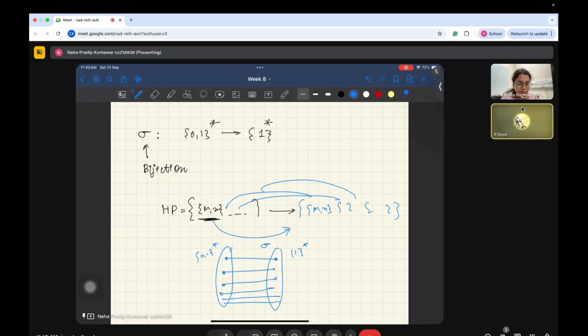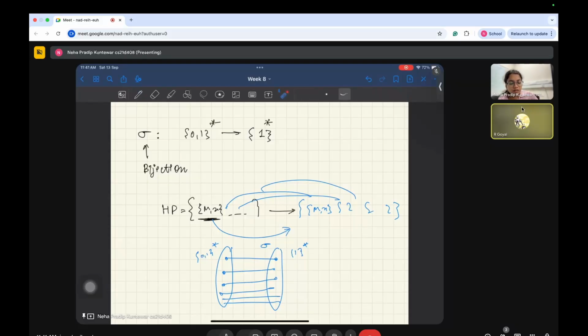Something similar to diagonalization? No, different from that. For every binary string, we can find a unique unary one. But say the length of the binary string is the same, how would we have such an encoding? What could be the way?